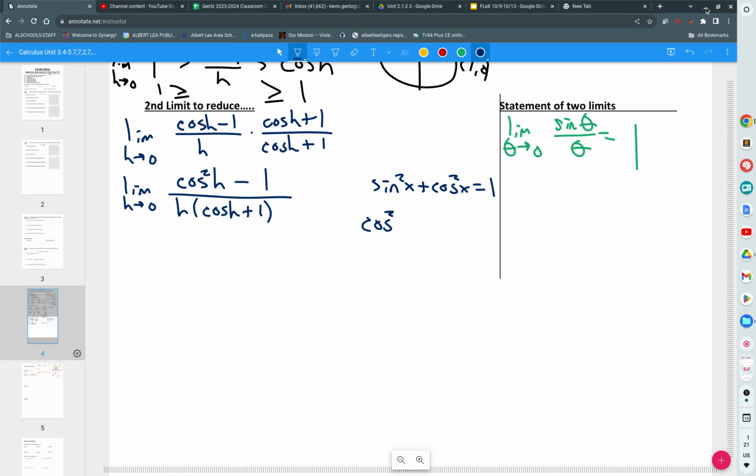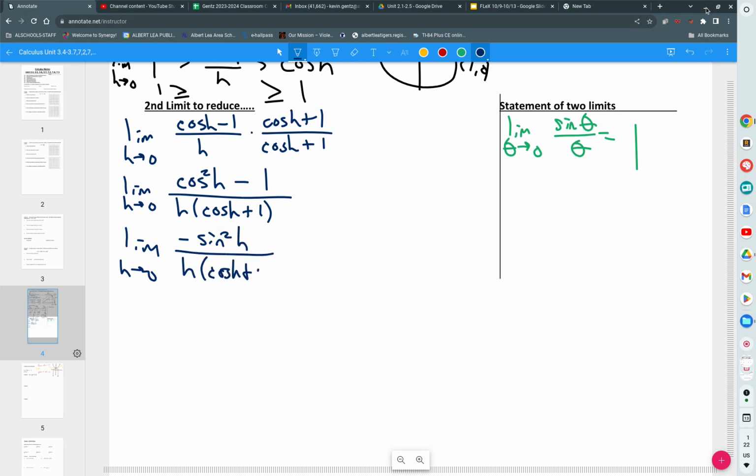I get cosine squared of x minus 1 is equal to negative sine squared. Everybody see how we get negative sine squared? Are we okay with that? Okay, so let's put that in the top. So we get the limit as h goes to 0, you're almost there, of negative sine squared of h over h times cosine of h plus 1.